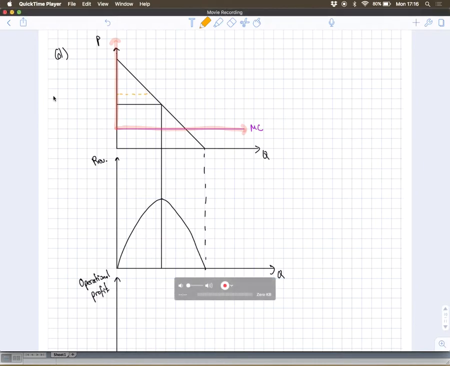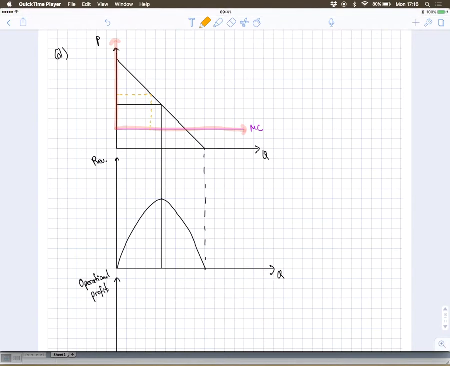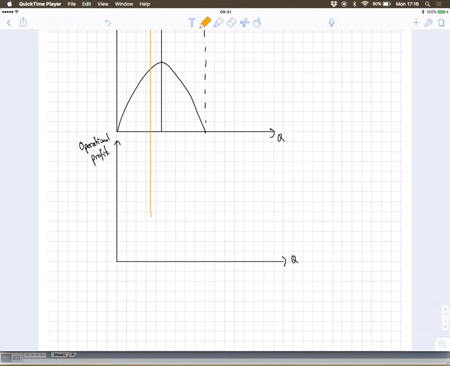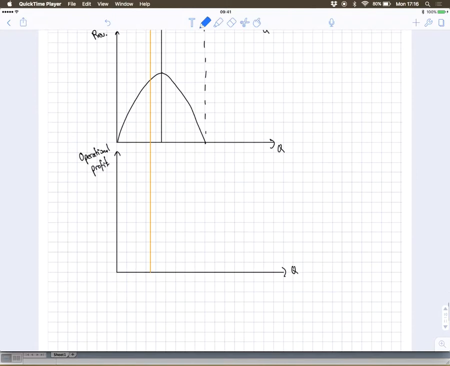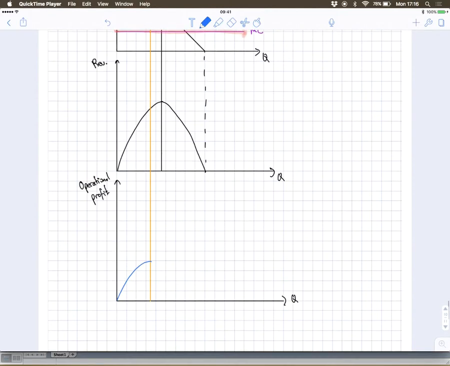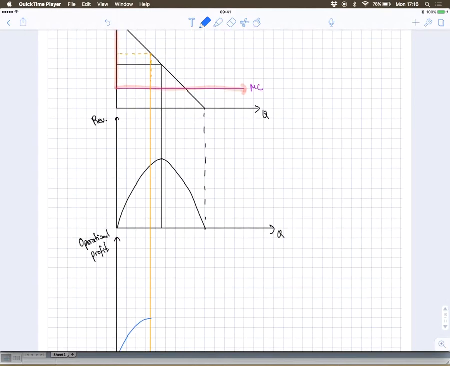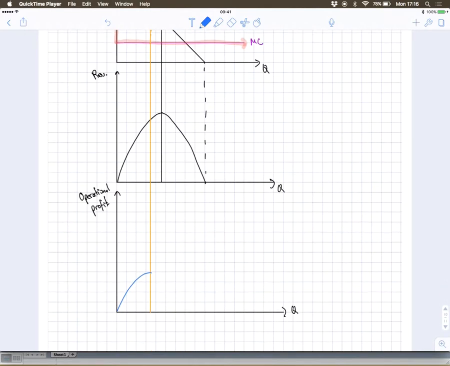It got stuck. Did it get stuck? No, it's working. So if this was like this, and I could just go down here, my profits will now peak at this point here. So it will be smaller than my revenues, of course, will peak somewhere here, and then go to 0 here.